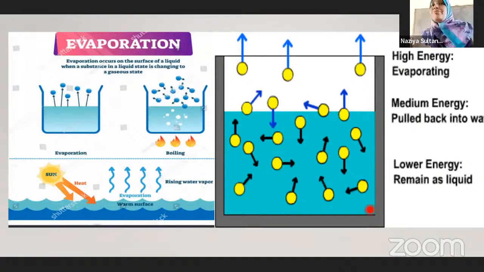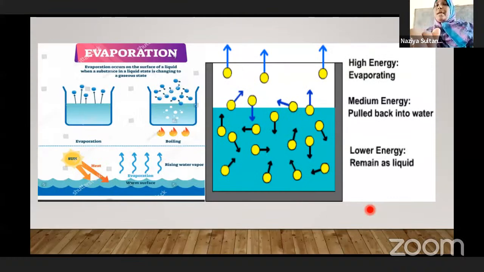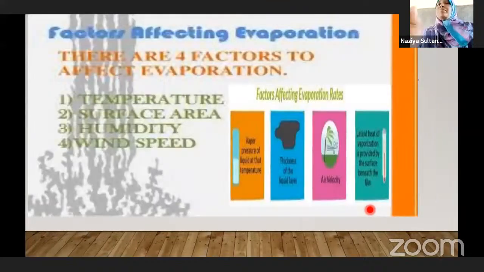There is a difference between evaporation and boiling. Evaporation causes a cooling effect, boiling causes a heating effect. For evaporation, no need to provide external heat. For boiling, we have to heat. And evaporation is a surface phenomenon, boiling is a bulk phenomenon. So these are the major differences between evaporation and boiling.